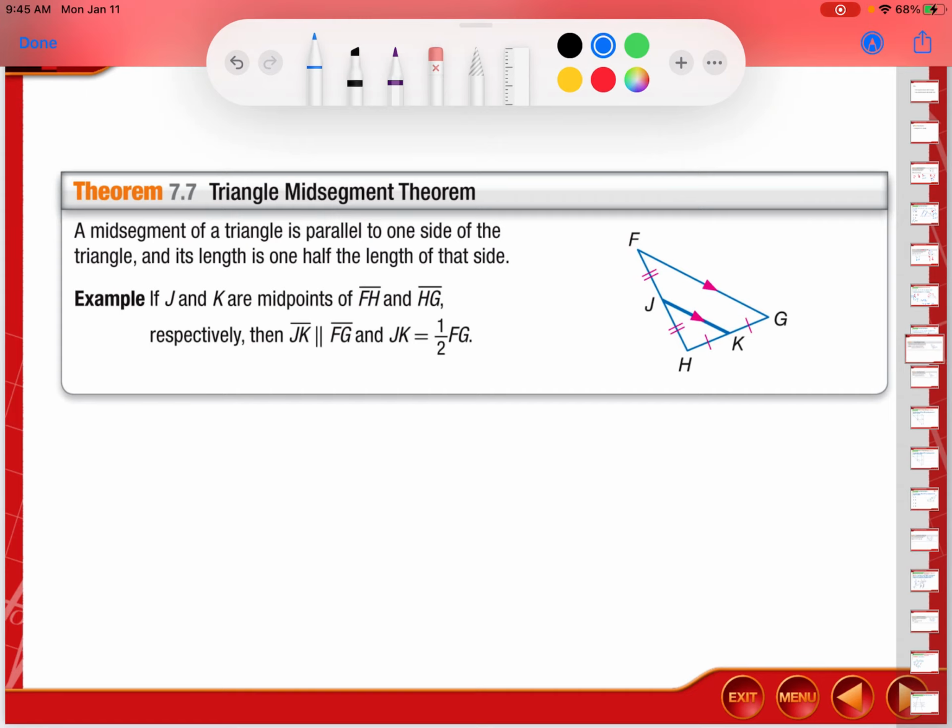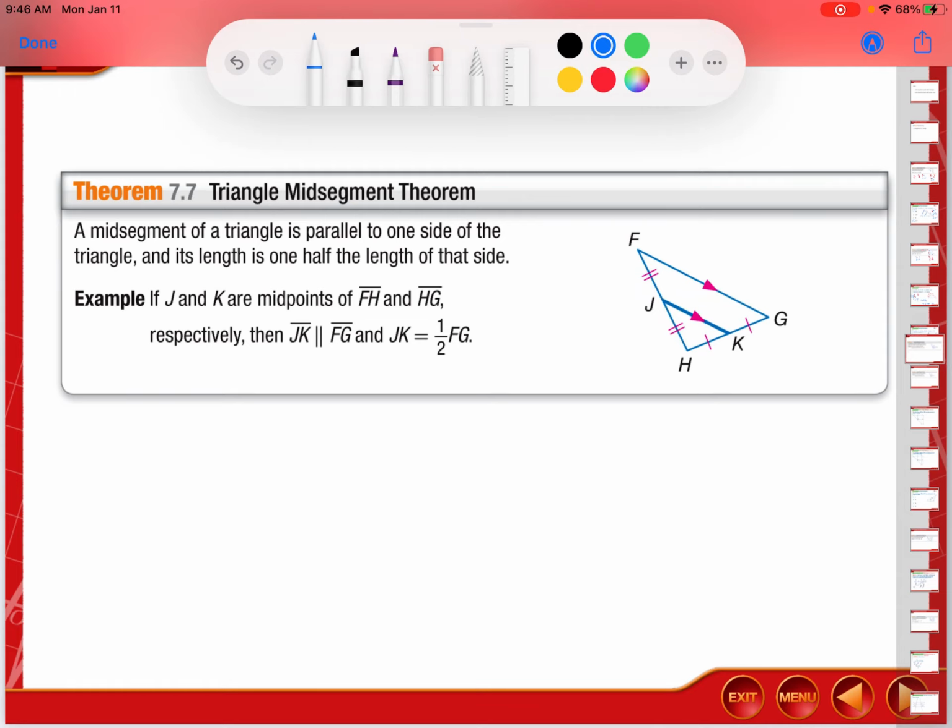Okay, now triangle mid-segment theorem. The triangle mid-segment theorem says a mid-segment of a triangle is parallel to one side of the triangle, and its length is 1/2 the length of that side.